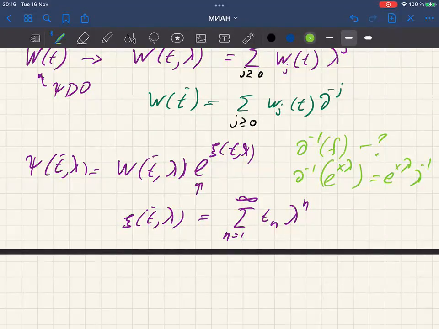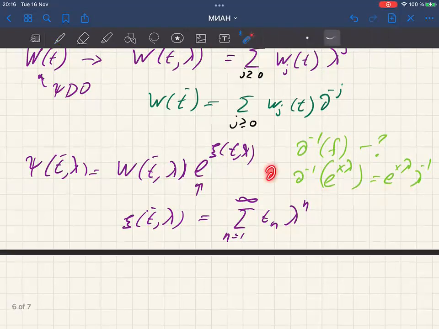This definition agrees with the main property that when we apply d, we obtain lambda and it becomes just 1. So we could define the action of d^-1 on a very special function such as this.